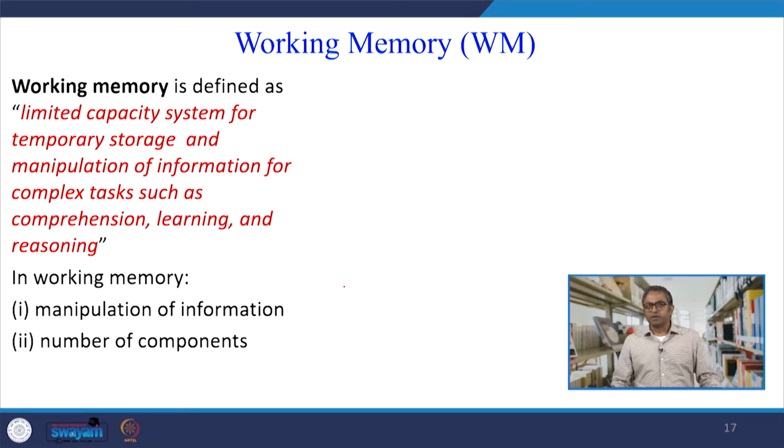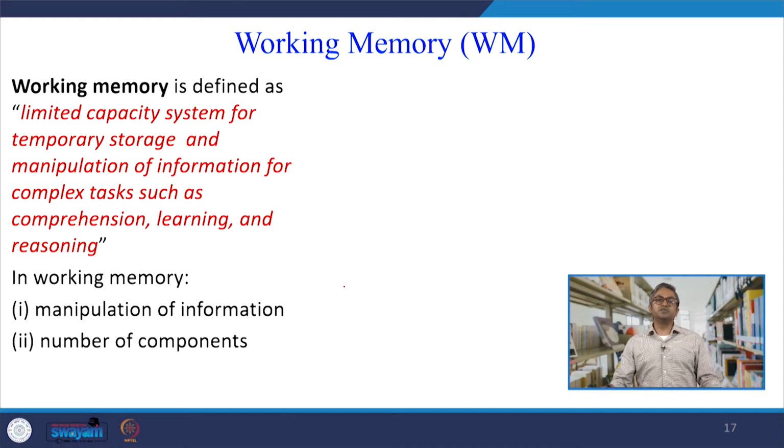Hence, researchers came up with the idea of working memory, a memory which is more active in nature, where the information is manipulated, and which involves the integration of different sensory information so that the user can make a decision.